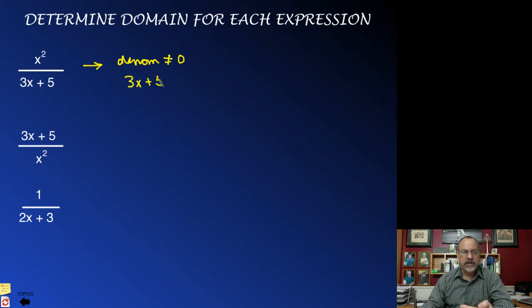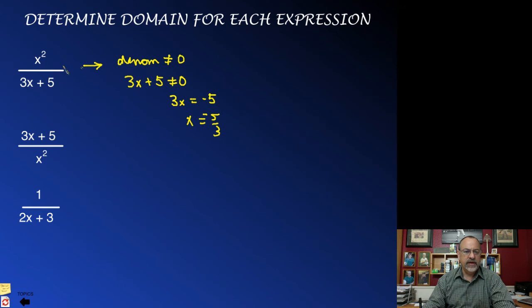So I know 3x plus 5 cannot be 0, and now I solve this like I would an equation. So I'm going to subtract 5 from both sides and divide by 3. So my denominator, if I were to use the value negative 5/3 in for x, that would create a 0. It would make the denominator 0, so that's not part of my domain.